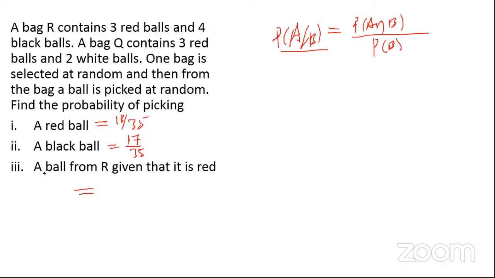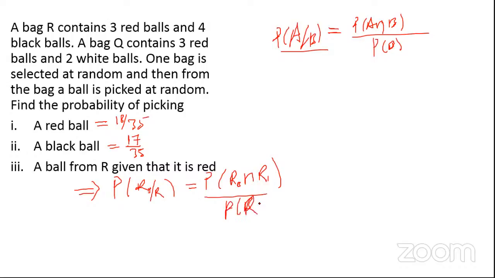So likewise, we are going to have this statement in that form. I'm saying a ball from bag R, given that it is red. So we have probability of bag R, given that it is red, and this will be equal to probability of bag R intersection red, then we divide this by probability of getting a red ball, which we had calculated at first.